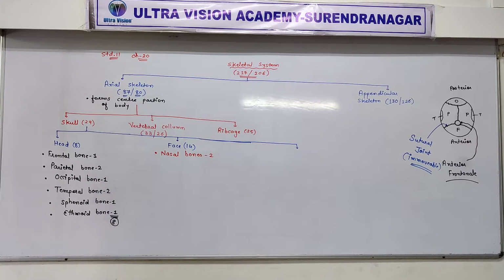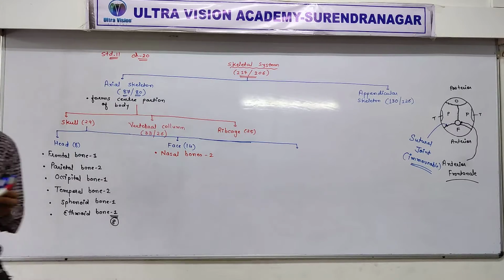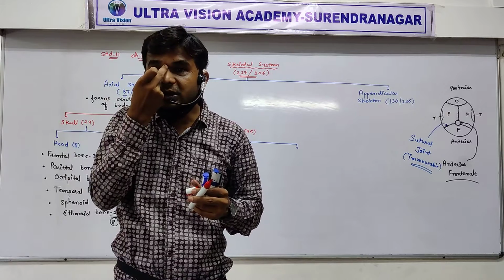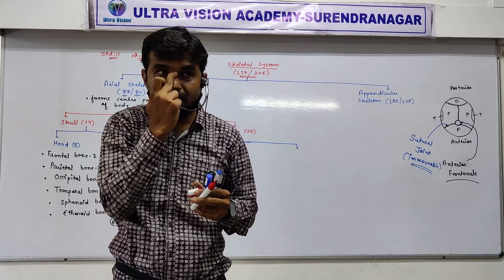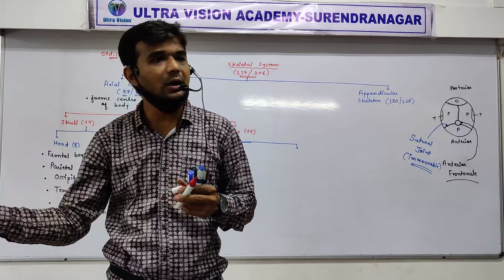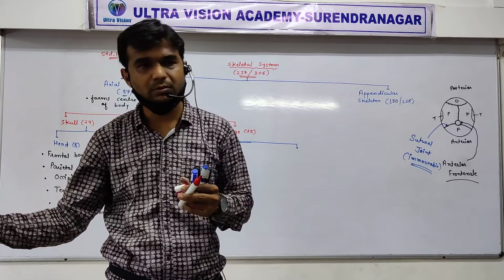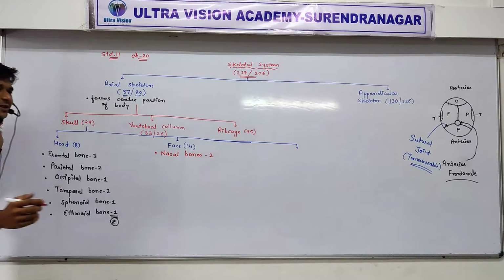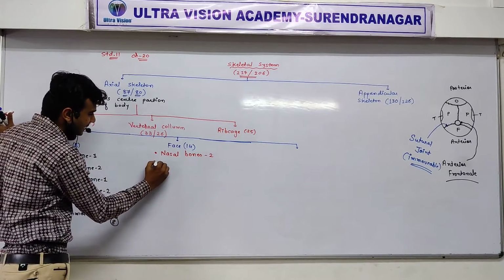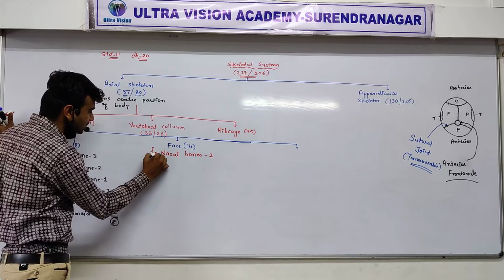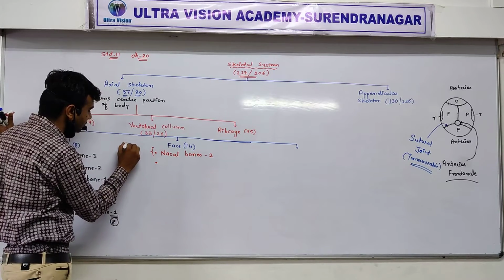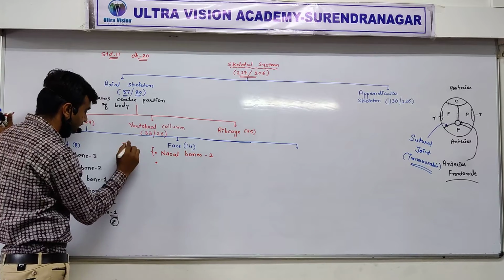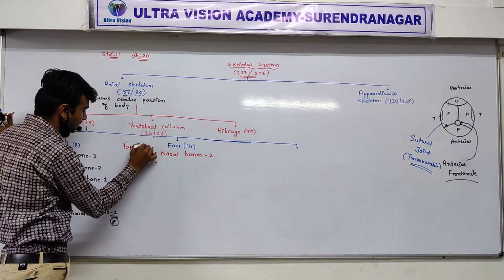You will feel only a single one because on the top of the nose, a suture joint is there. I will show you here. Nasal bones are 2. Nasal bones form the top of the nose. Clear?